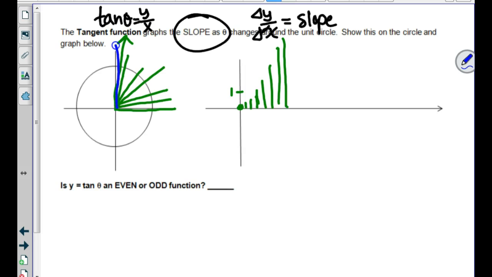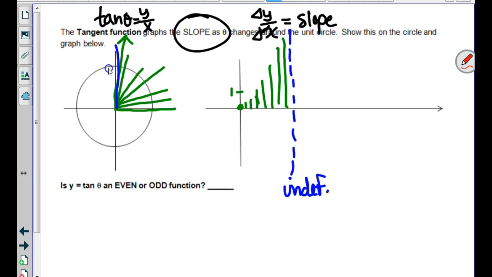And then what is this slope? What is the slope of a vertical line? Undefined, right? The slope of a vertical line. That's why there's an undefined place in the tangent graph.